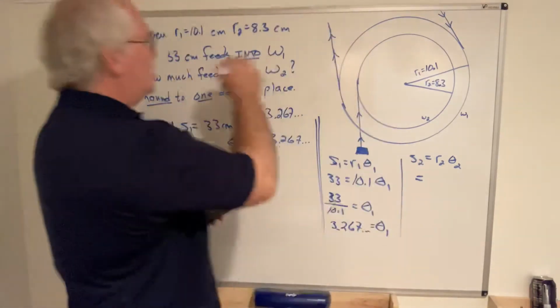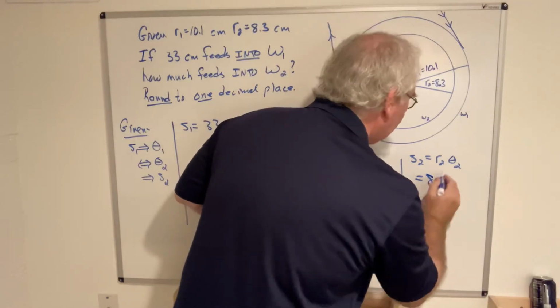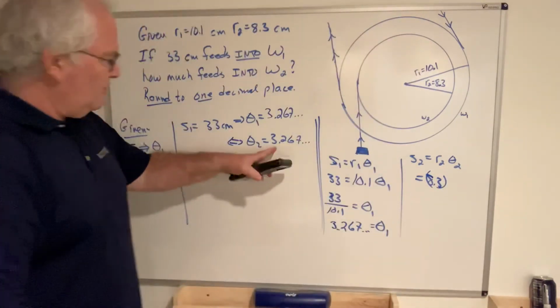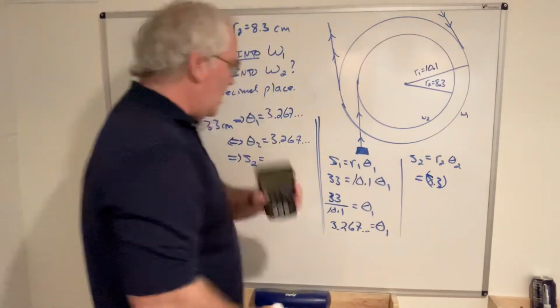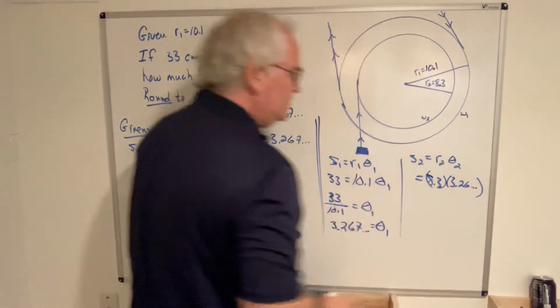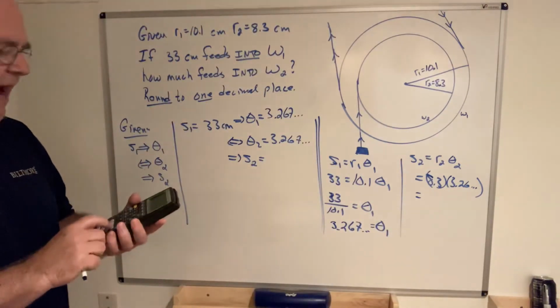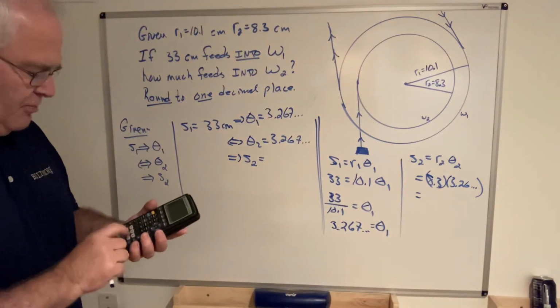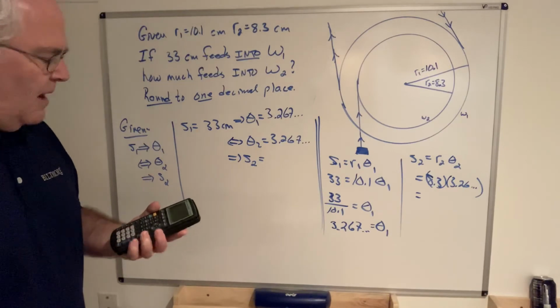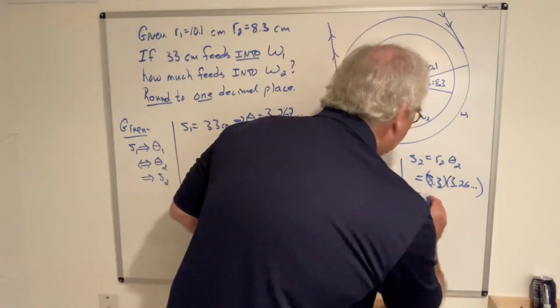R2 is given. R2 is 8.3. And theta 2 is the number we just found. It's the number still in the calculator, 3.26, so on, so on. And so if I multiply the number in the calculator times 8.3, my number is 27.1188.